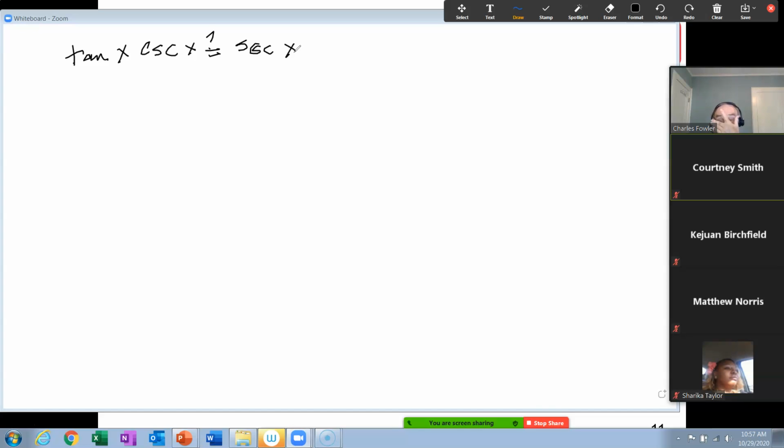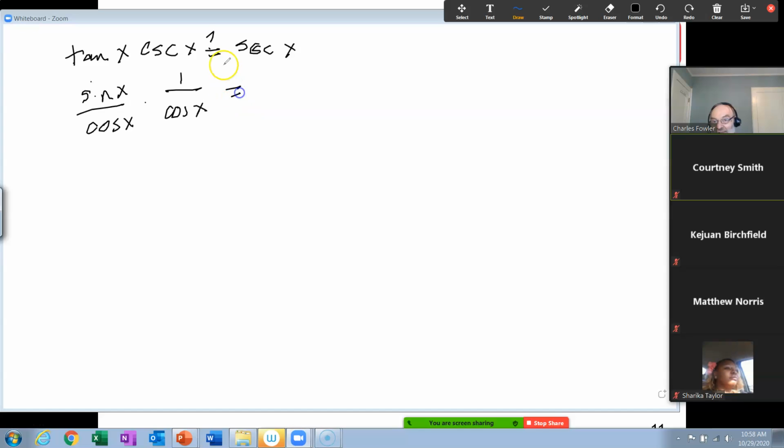So this is the place where I say, get everything in terms of sines and cosines. What is tangent in terms of sine and cosine? Well, that's sine x over cosine x. This is your quotient identity or ratio identity. What is cosecant x in terms of sines and cosines? That's your reciprocal identity, 1 over sine x.